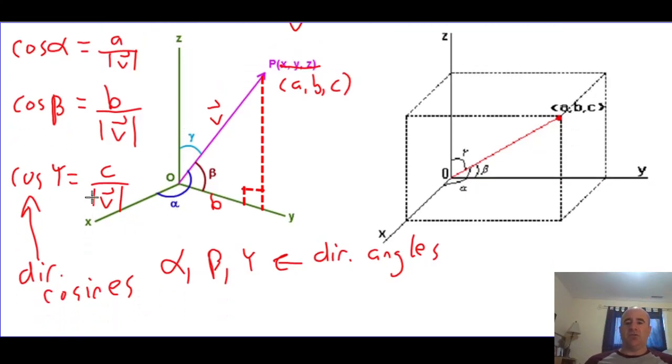Now, the nice thing about direction cosines is when you're talking about the intersection of two lines, something like this right here, the cosine describes the angle in its entirety.